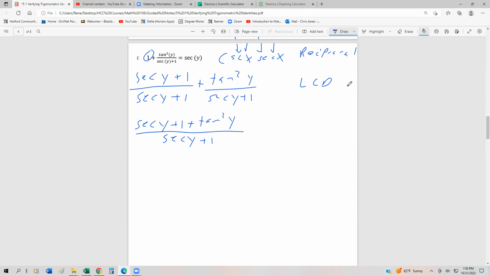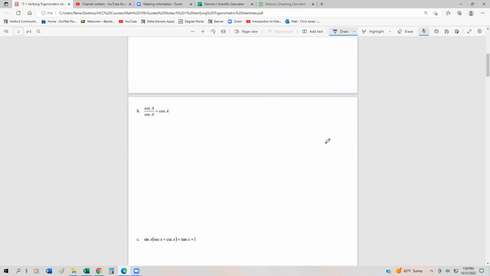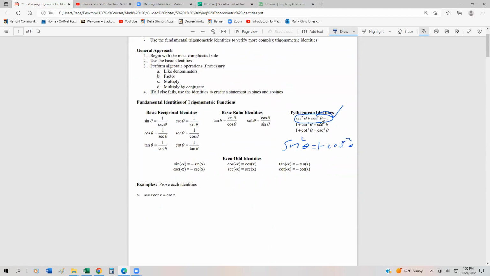All right, now here's the sneaky part. Let's try to get everything in terms of secants if we can. One thing that we can probably remember, if we have these memorized, is that the tangent has a Pythagorean identity. Okay, and you probably remember that the secant square is equal to 1 plus tan square. So we go all the way back up here, and 1 plus tan square is equal to secant square.